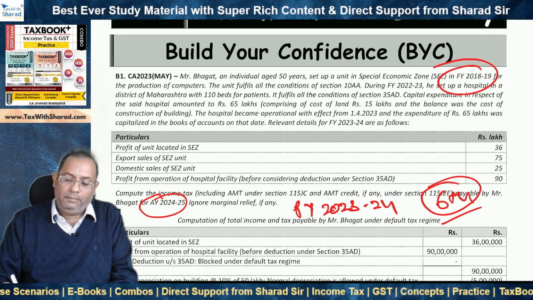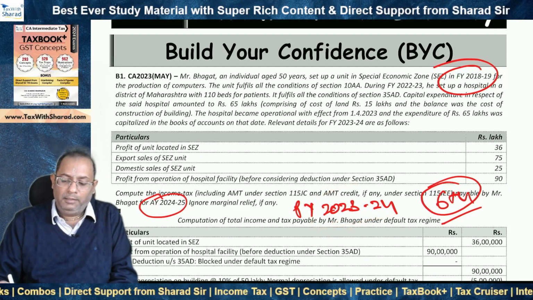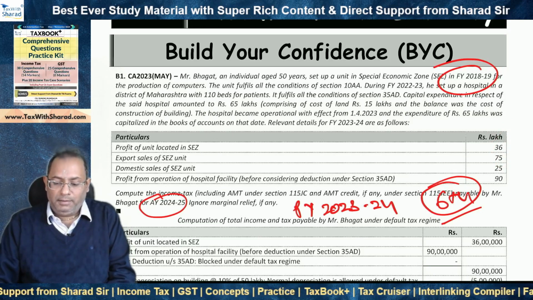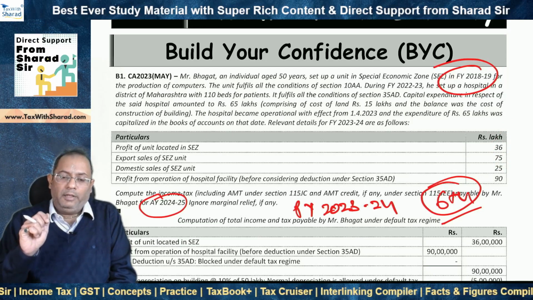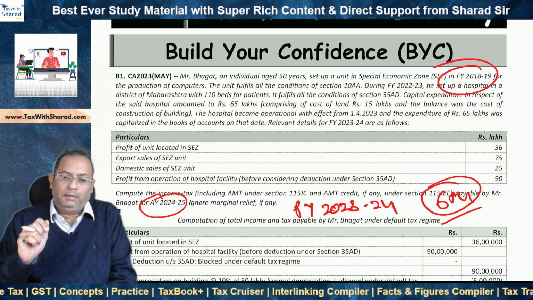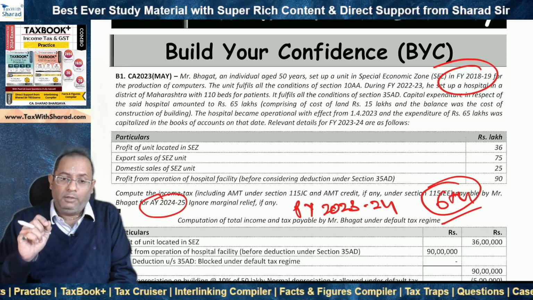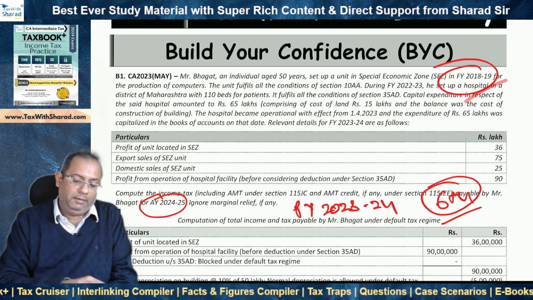If you begin from FY 19-20, previous year 23-24 will be the 5th year. And maybe that's why students gave a deduction of 100%. But what you must note is, when you are counting the number of years, you need to start from the year in which the unit begins to manufacture or produce or provide services, which is FY 18-19 in this case.